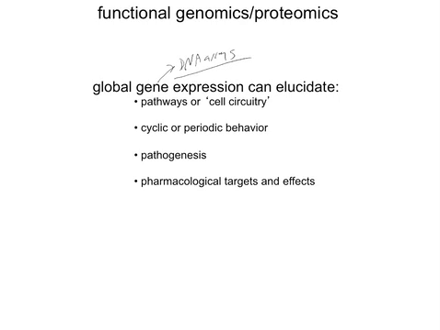We'll think about pathogenesis, that is to say how a disorder expresses itself through changes in gene expression. And we're also going to be thinking about, of course, pharmacological targets and the effects of drugs on gene expression.